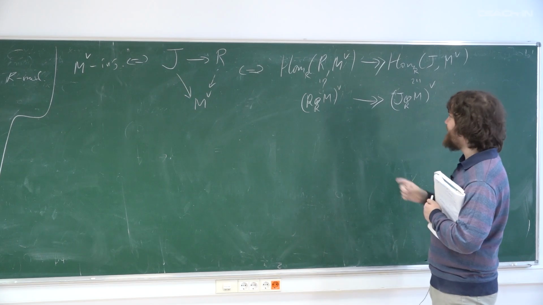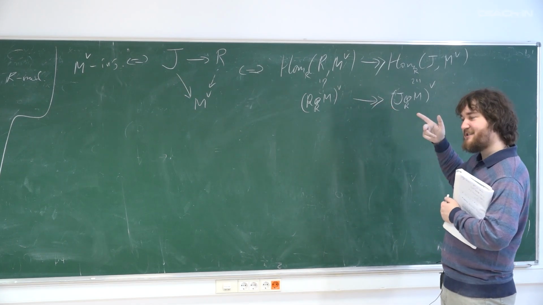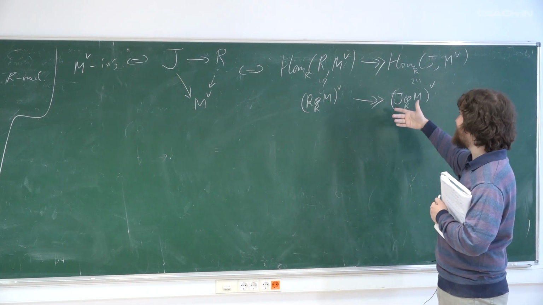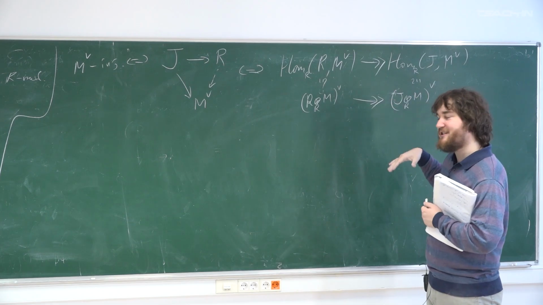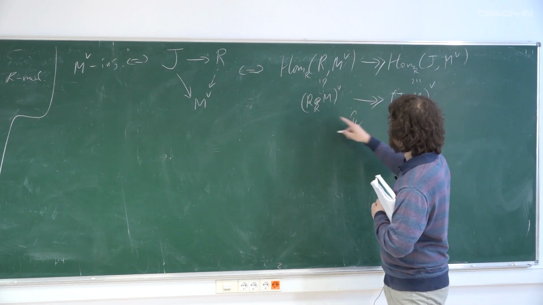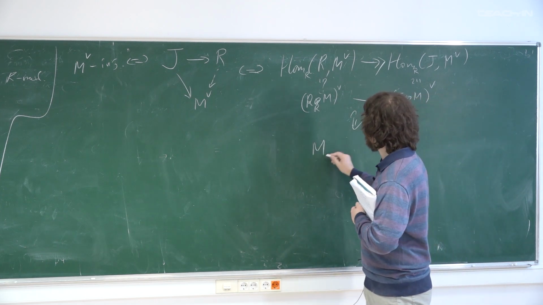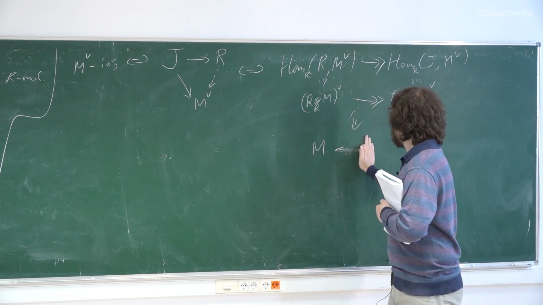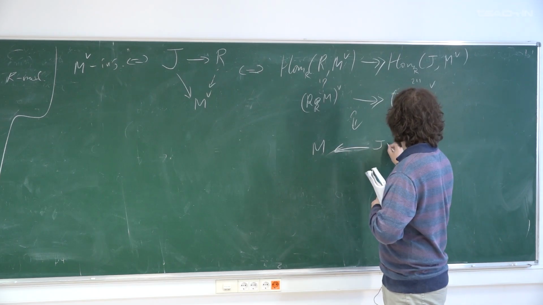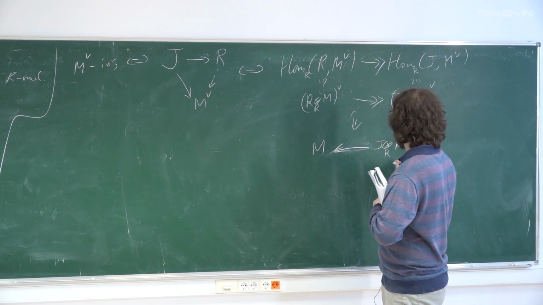And we have already seen that check preserves and reflects exactness. So surjectivity is the same thing as, without check, injectivity. So it's equivalent to say that this is J tensor M, this is M, and here a map from J tensor M to M. So it's injective.